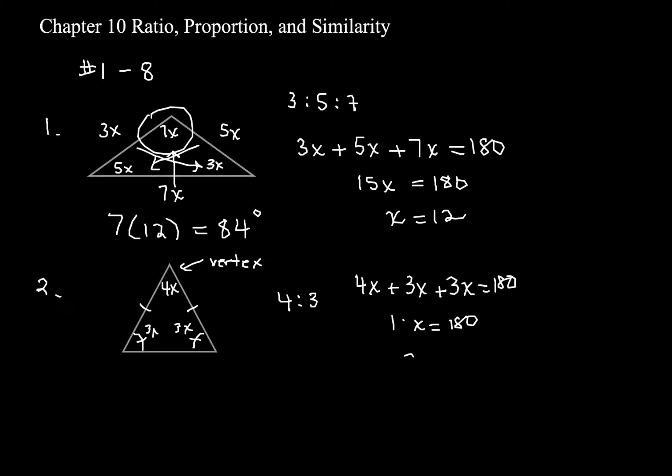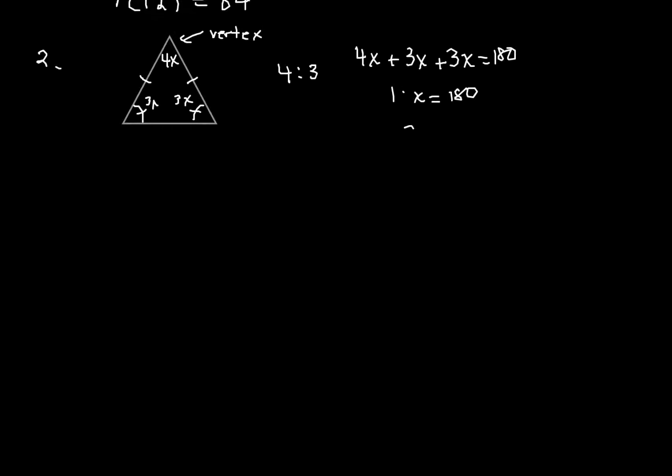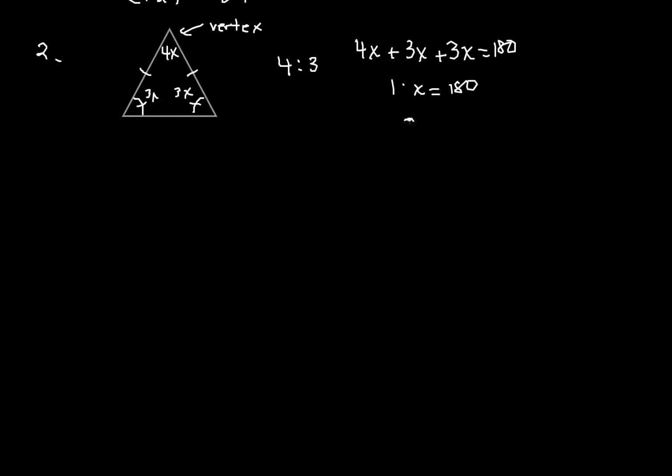I'm having a little trouble with the writing down at the bottom, so I'm going to have to keep scrolling up. What are they asking for? Don't forget what they're asking for. They said find the measure of the vertex angle. The vertex angle is 4 times x, so you take 4 times 18, which is 72 degrees.